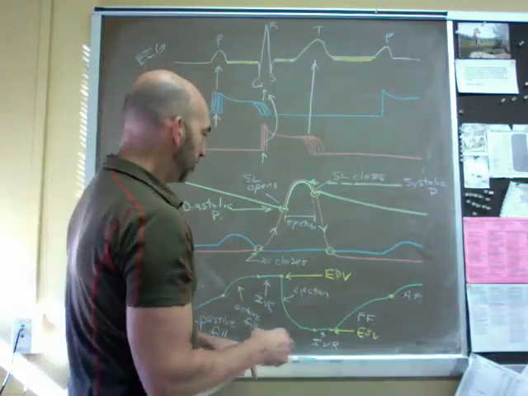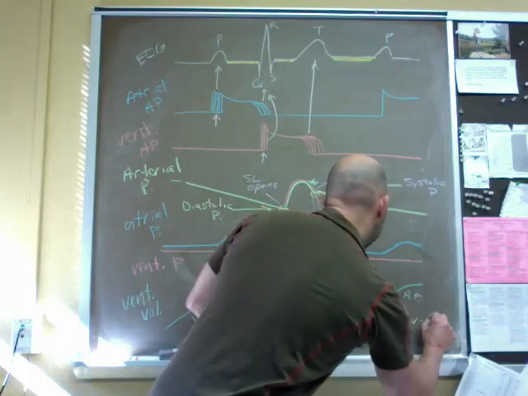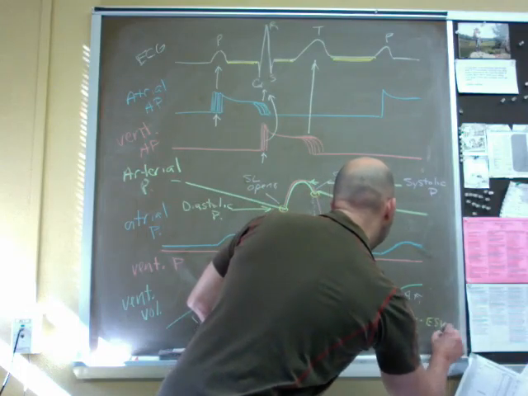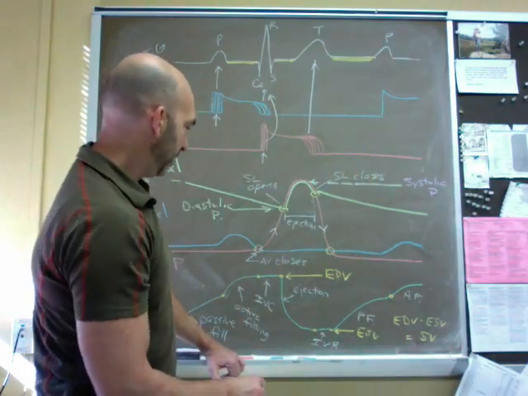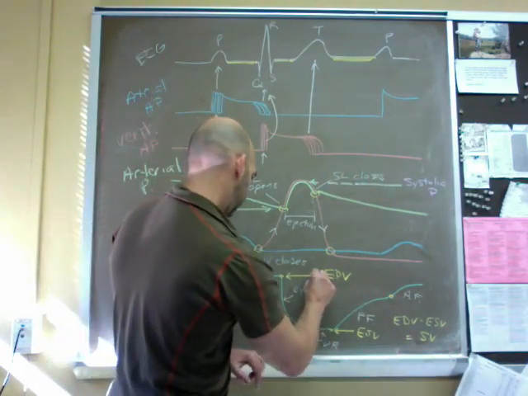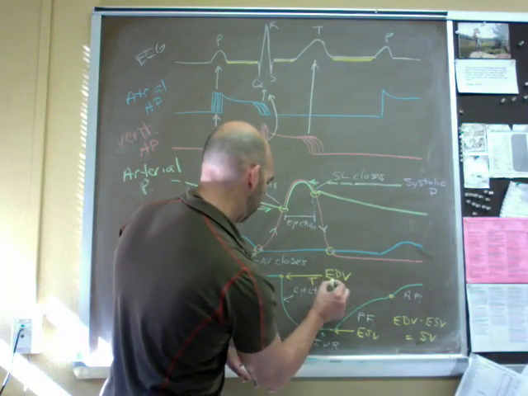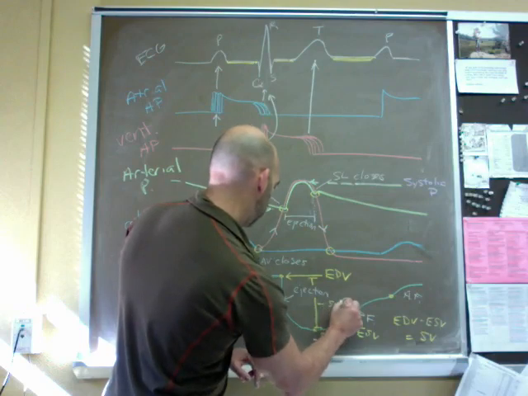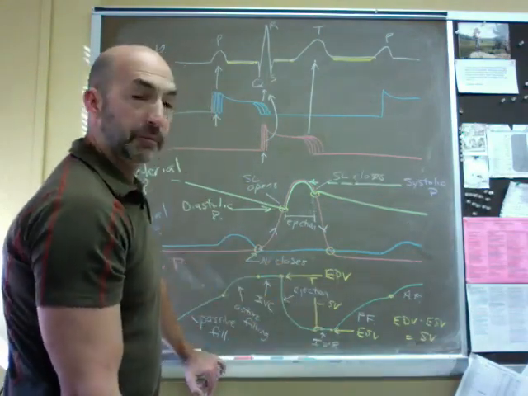The difference between the two, EDV minus ESV, equals stroke volume. So the difference between here and here is stroke volume, top to bottom, peak volume to minimum volume.